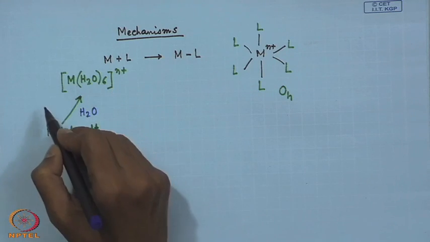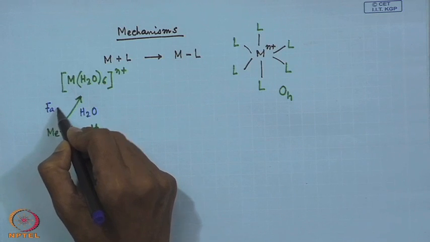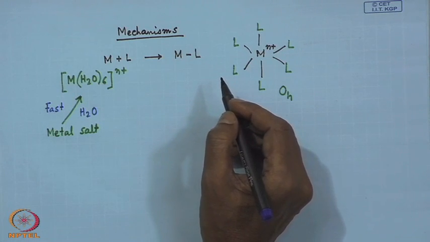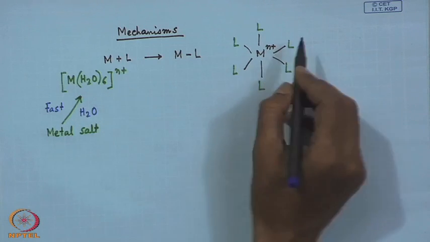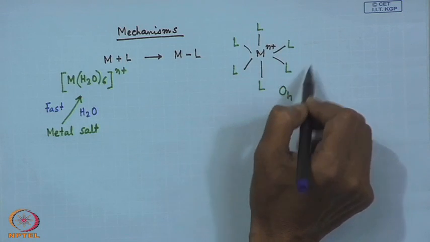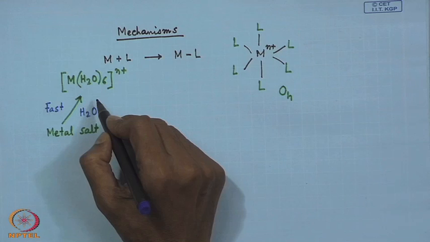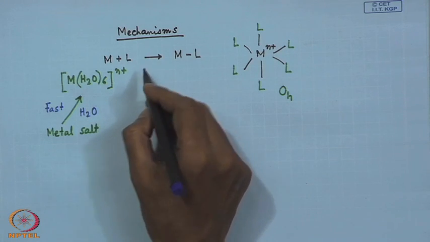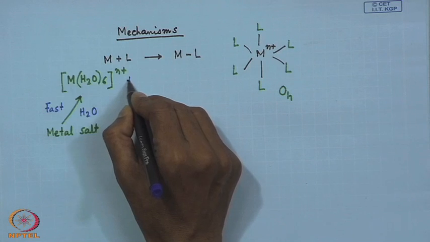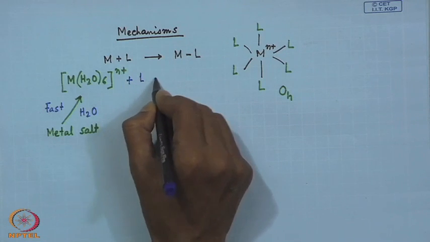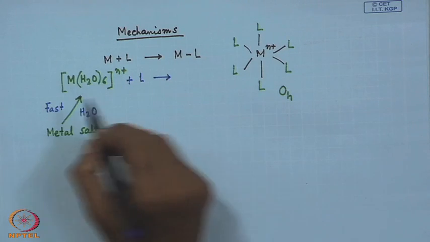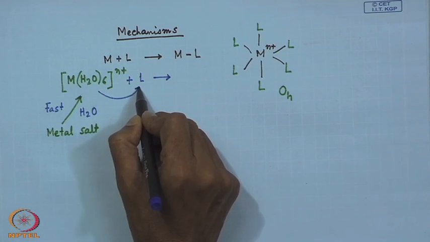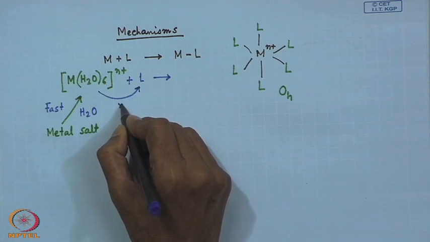This reaction is very fast, and sometimes it is very difficult to monitor. But when we get a different metal complex apart from this hexaaqua compound, which is always present in water solution, we use these ligands L. One after another, all 6 water molecules will be replaced by these L groups.